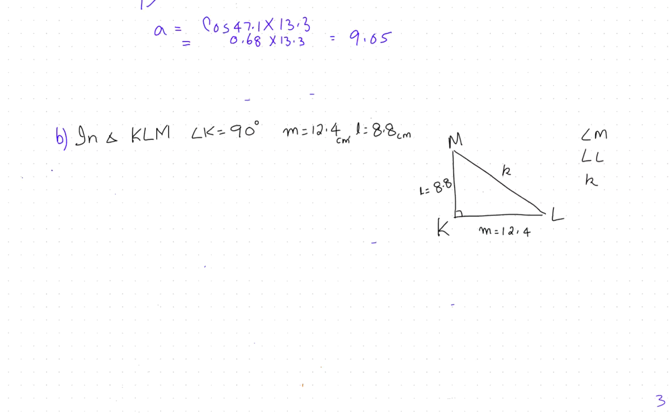Suppose this angle is theta. For theta, this is called opposite side and this becomes adjacent. So opposite and adjacent ratio is tan. So we can write tan theta equals opposite upon adjacent, that is 8.8 upon 12.4.